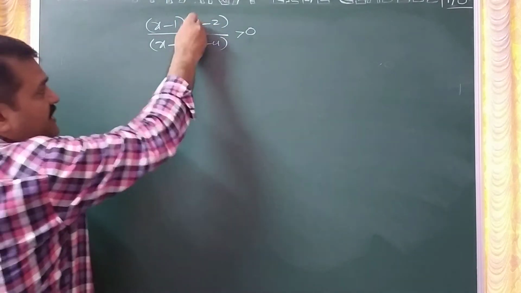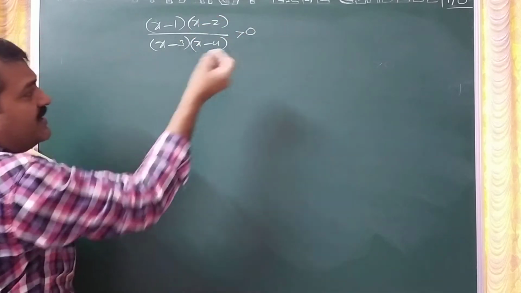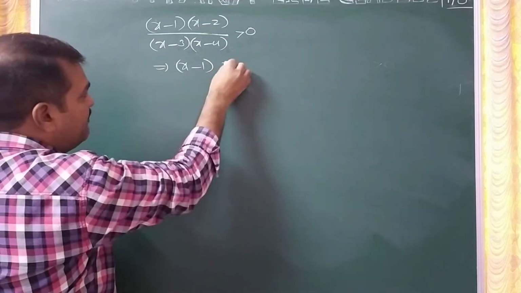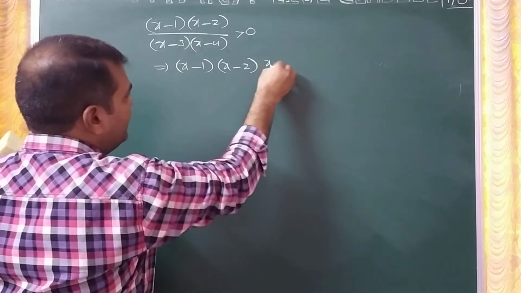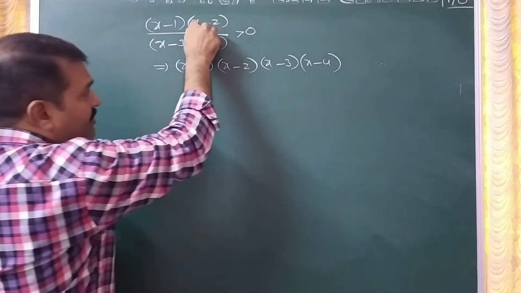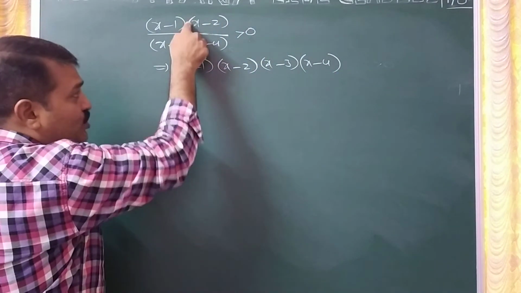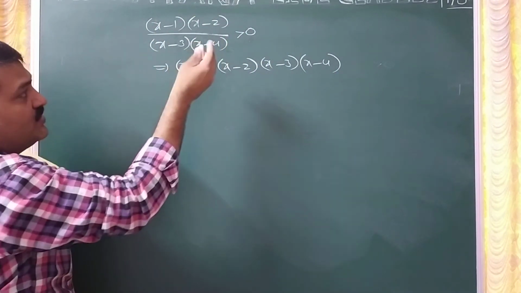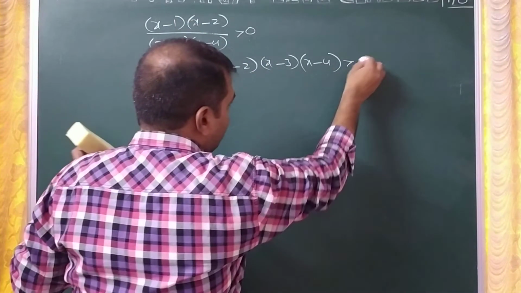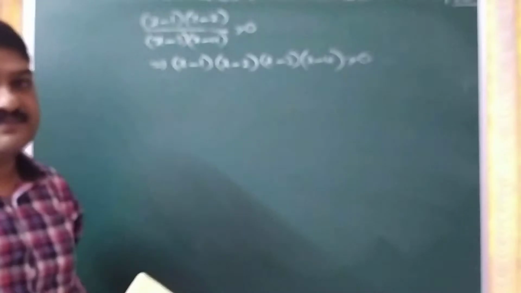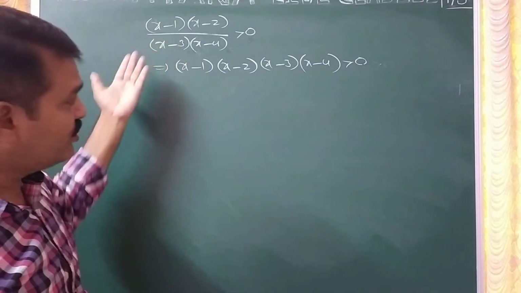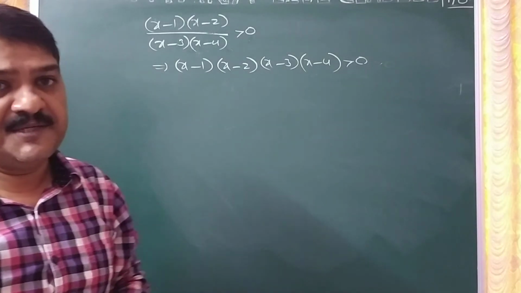So here the fraction is positive, so the numerator and denominator have the same signs, both positive or both negative. So if you multiply the numerator and denominator, the product will be positive only.